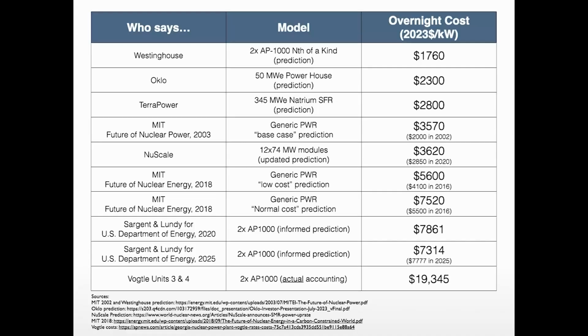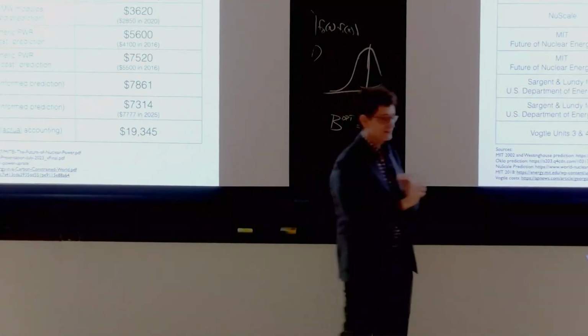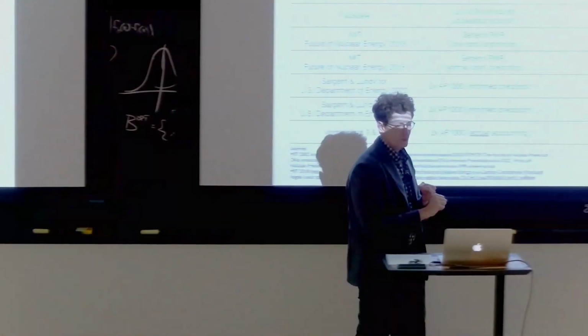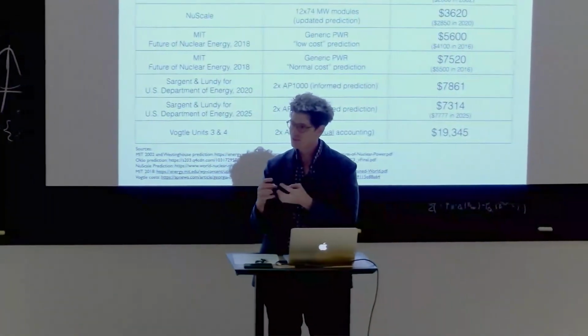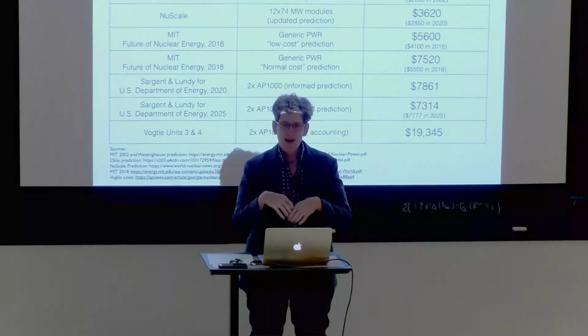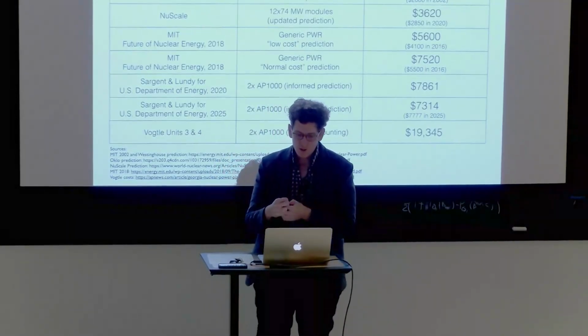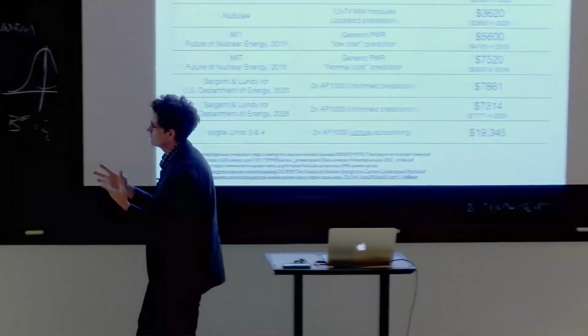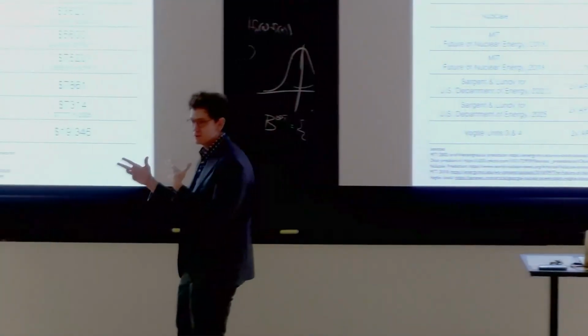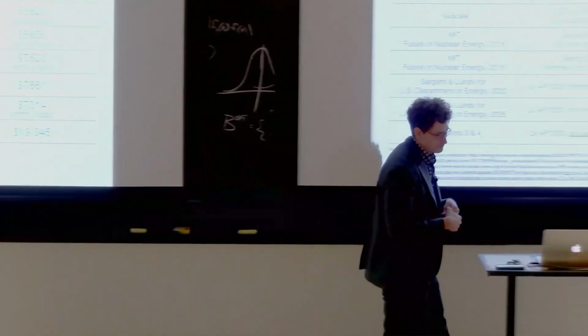Now, just to remind you, these are overnight costs, so finance is excluded and the effective construction delays are excluded. What we're really trying to measure is the inherent cost of the technology, and indirectly measure the complexity of the technology, or to put it another way, the cost of the inputs, the amount of labor and the amount of goods required to build this out.